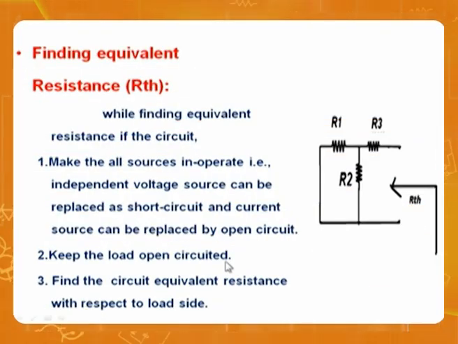Then calculating R Thevenin. When you are calculating any impedance, there are a few rules you can follow. Make all the sources inoperative. That's very important. You know why? Just like an idea: suppose you want to know the student's capacity, when he enters the exam hall, we should remove the books.